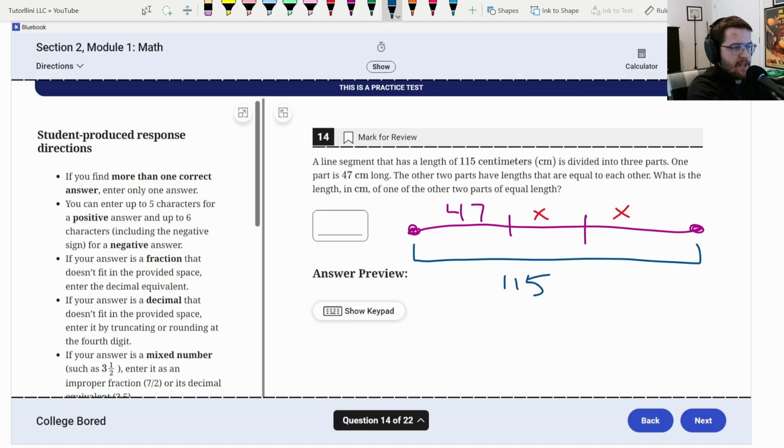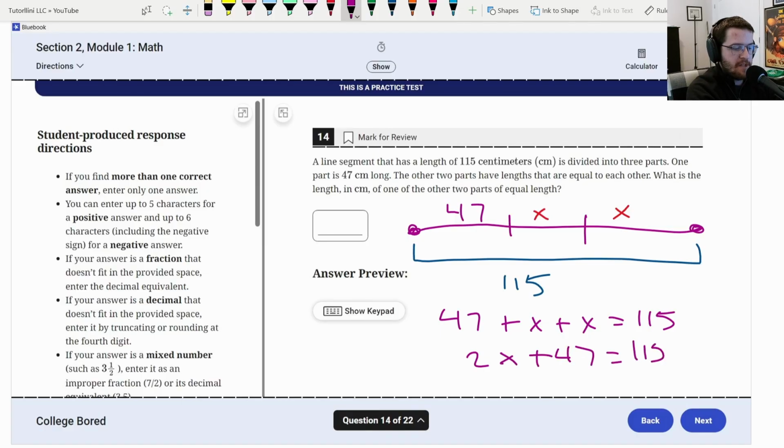So this is called segment addition. So all those tiny segments must add up to the big overall one. So 47 plus X plus X equals 115. That gives me 2X plus 47 equals 115. I'm going to subtract 47 from both sides.